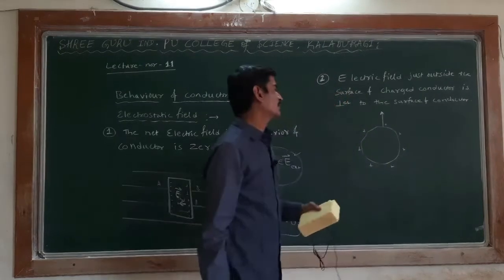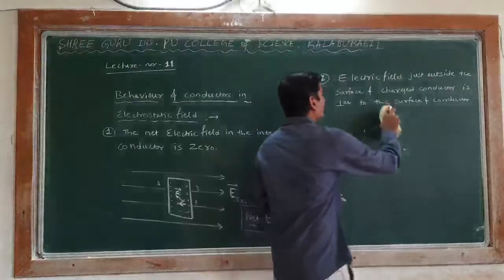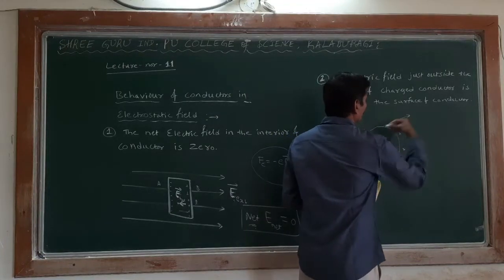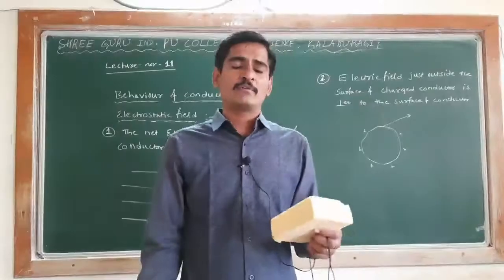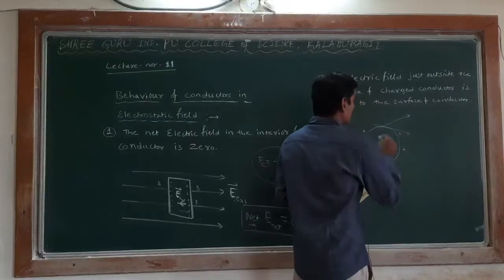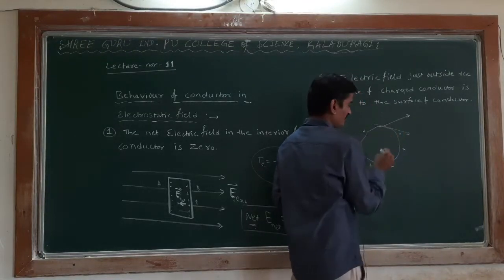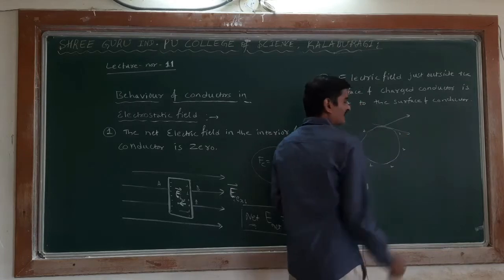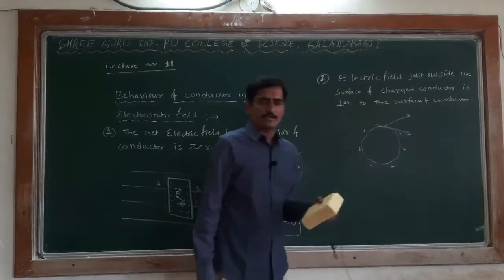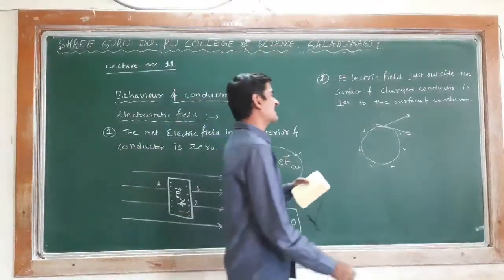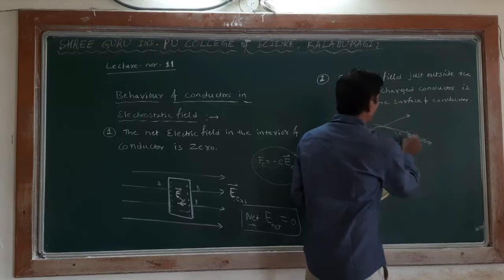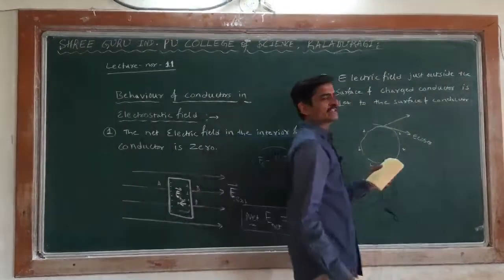If the electric field is not normal to the surface, then it will have a tangential component along the surface, and this tangential component will cause the electric charges to flow. That is, it will create a surface current.